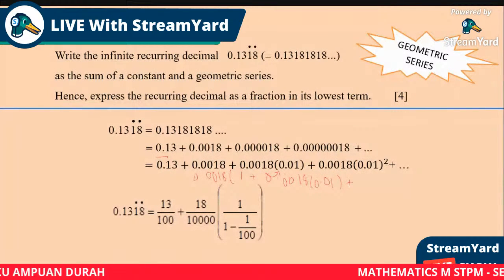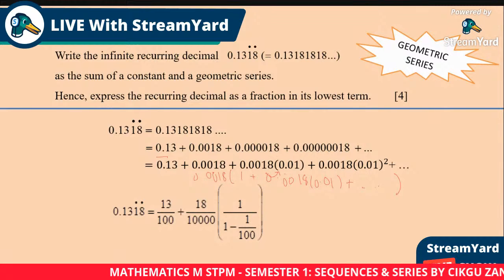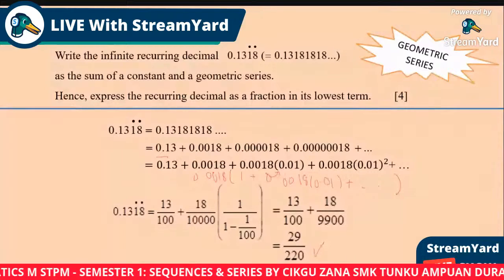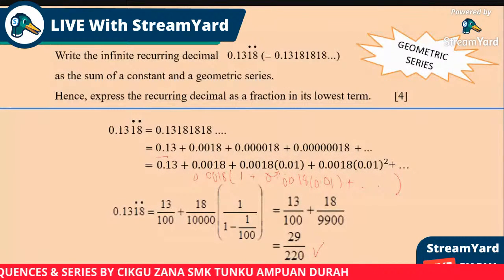You can do that. So a is 1. 1 minus r is easy for you to calculate. So most of you got this. But all of you lost 1 mark because of this. You didn't show that it was a geometric series.